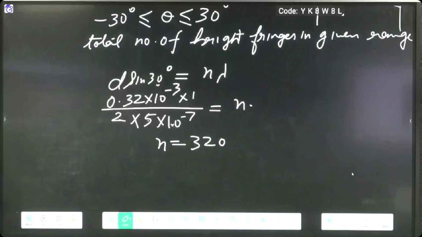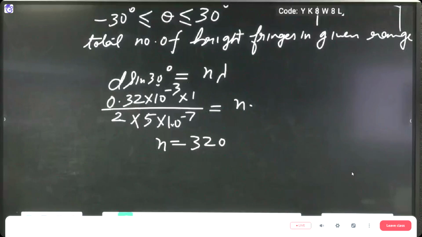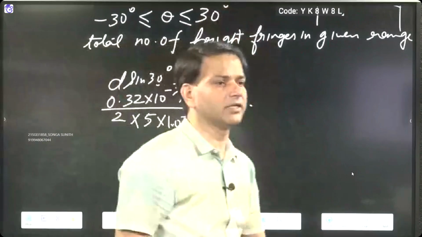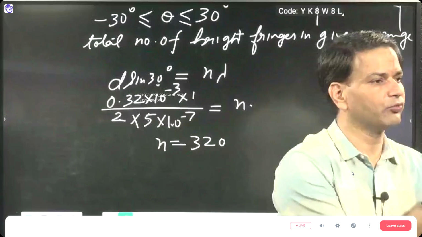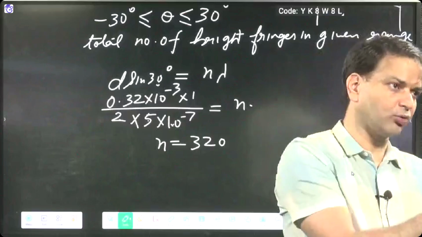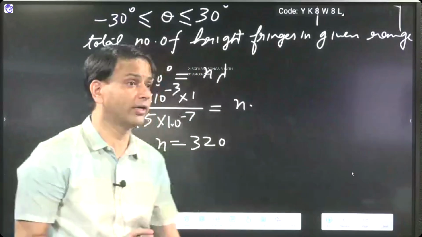If you are getting n value 320.9, then what n value will you take? 320. Why? Because we cannot exceed the 30 degrees. This type of concept we have discussed in the organ pipe also. We cannot exceed the 30 degrees, that's why we have to take the lesser integer. So the closer integer, 320, we will take.